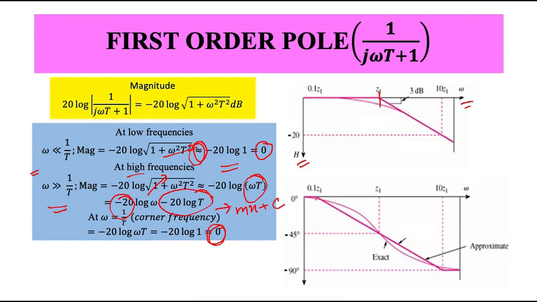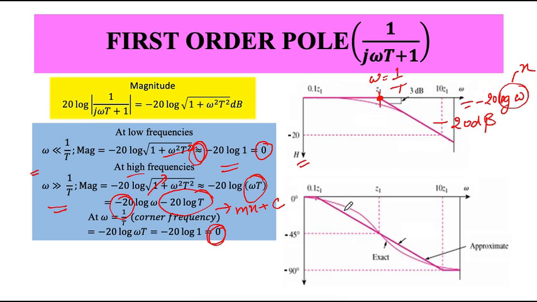So you can see at some frequency, somewhere here, which is omega equals 1 by t, this goes to 0, and after that it just moves downward with a slope of minus 20 dB, that is, minus 20 log omega. On this x axis, my slope is minus 20 dB.